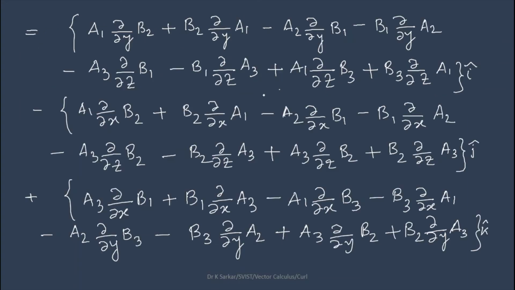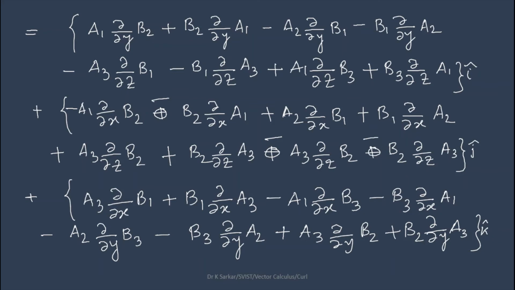Now let's see the coefficients of j. Now let us change this minus sign, make it plus, and multiply with a minus sign inside the curly bracket. So this will be plus, this will be minus, this will be minus, this will be plus, this will be plus, this will be plus, this will be plus, this will be minus, and this will be minus.